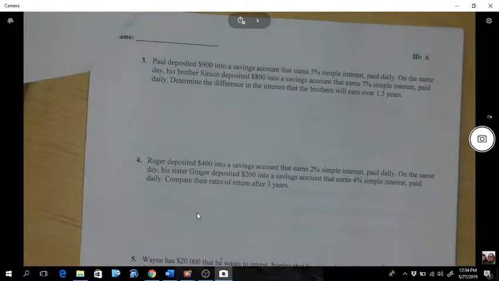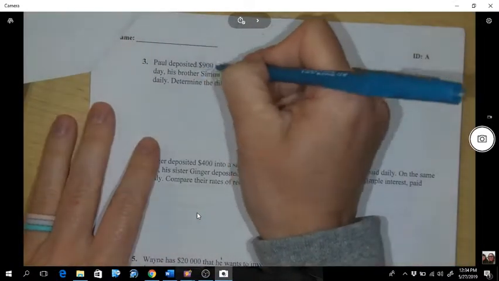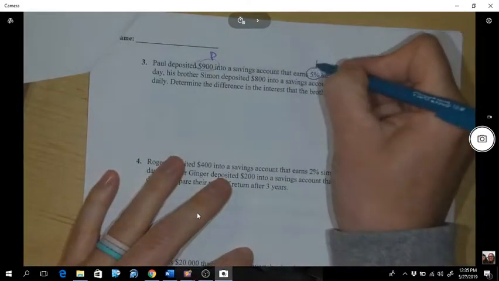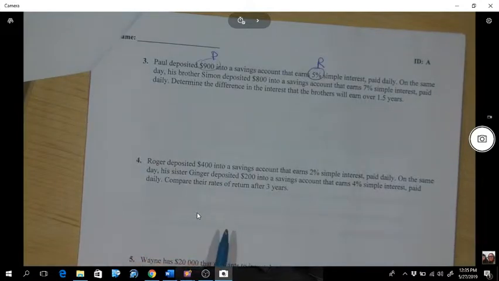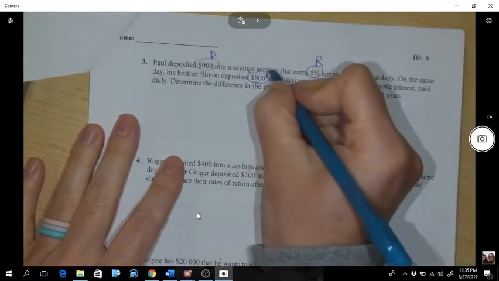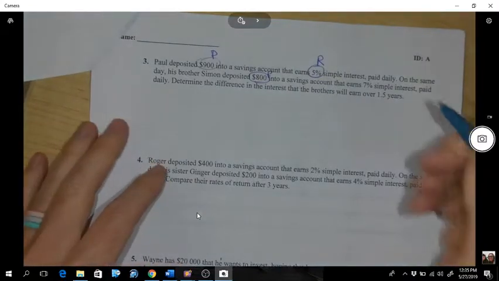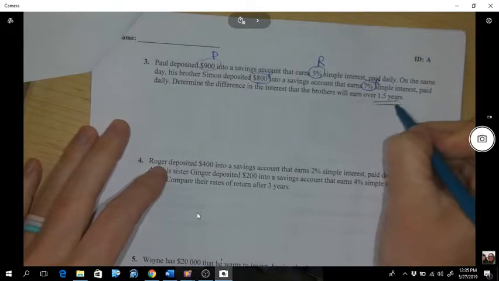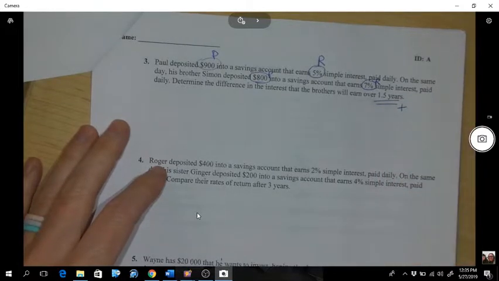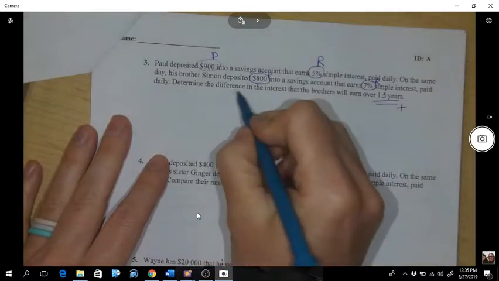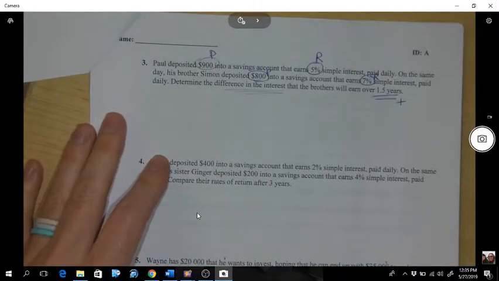Okay, number 3, Paul deposits 900 into a savings, so that's the principal, earns 5%, that's your rate. Simon, 800 and earns 7%, so that's my rate. 1.5 is my time. Okay, so we're trying to figure out the difference of their interest.